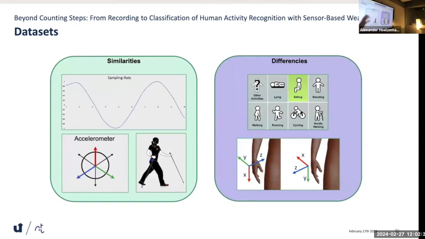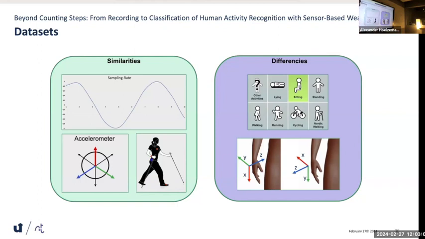These 2 data sets that we use share similarities, but they also have a lot of differences. As I already said, we have different classes in both data sets. We also realized after talking to the authors of both data sets that these data sets were recorded with different orientations. So in PAMAP, for example, the z-axis was pointing on the wrist inwards. However, in the Skoda data set, the z-axis points outwards.